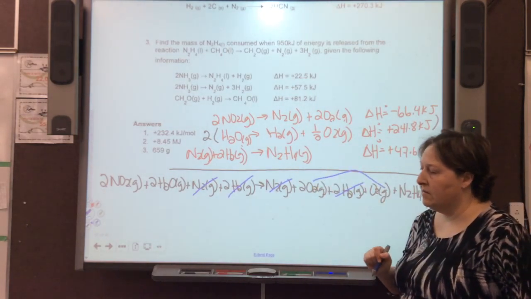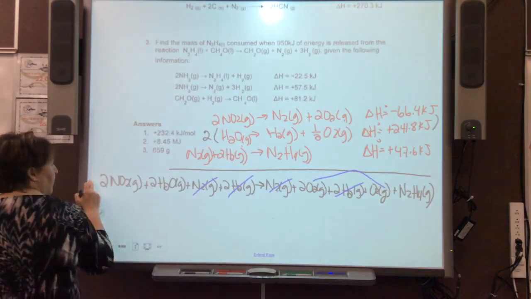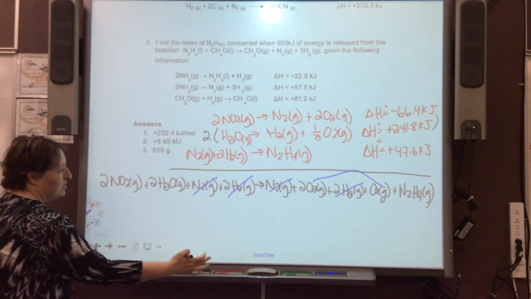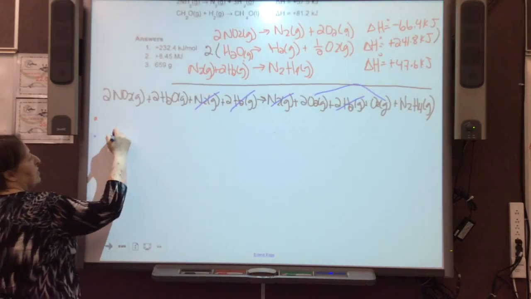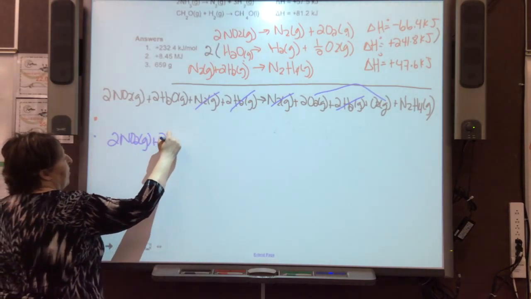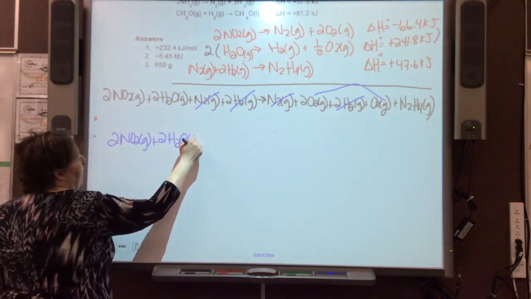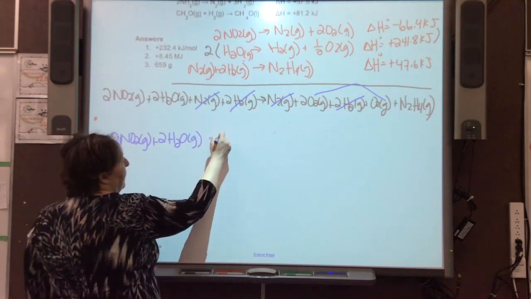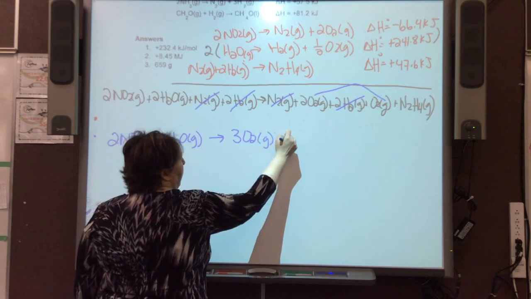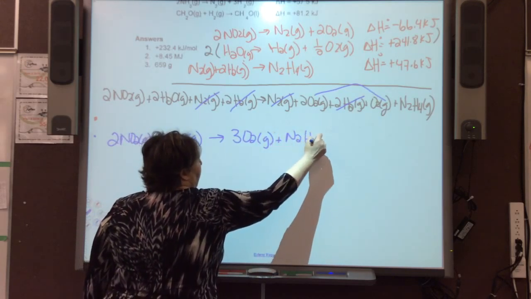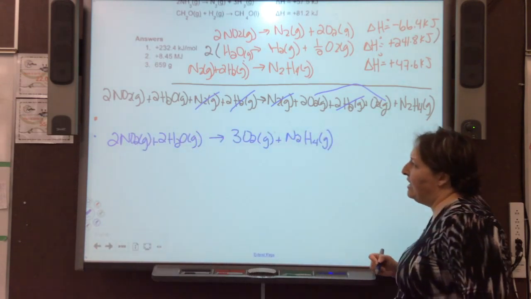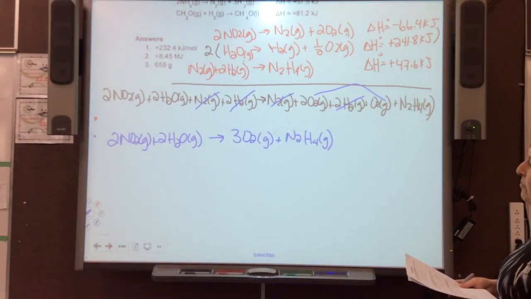And I have 1 dinitrogen tetrahydride. Okay, so that's my net balanced reaction, and when I look back up, I see that it matches.